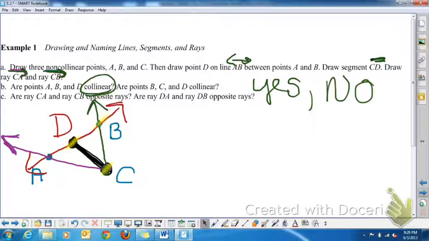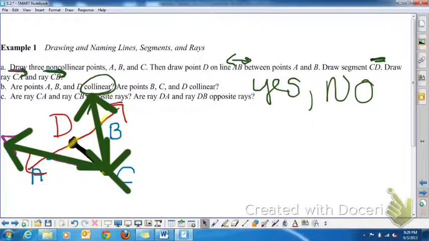Now let's look. Are ray CA and ray CB opposite rays? They have the same initial point at C, but do they form a straight line? No, they're not opposite rays.